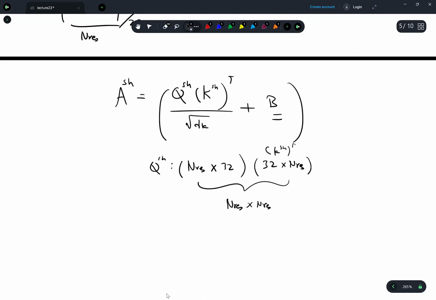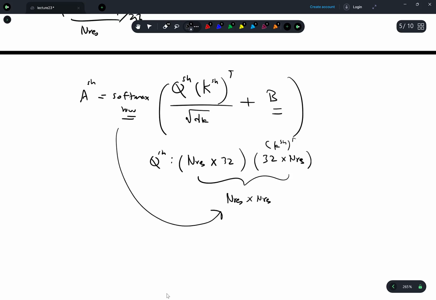Oh, and there is a softmax, of course, and softmax along the rows. Make sure it is along the rows. So that's the attention matrix.